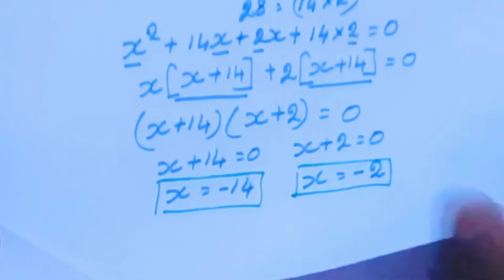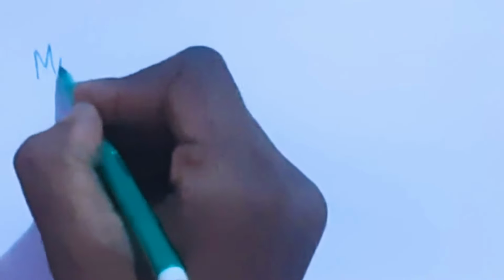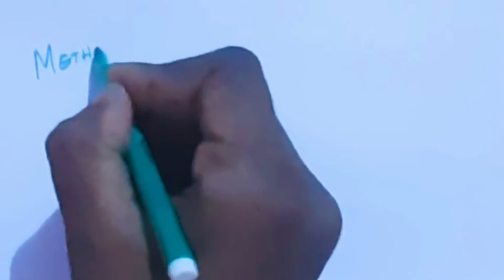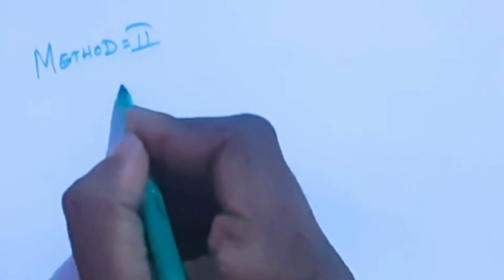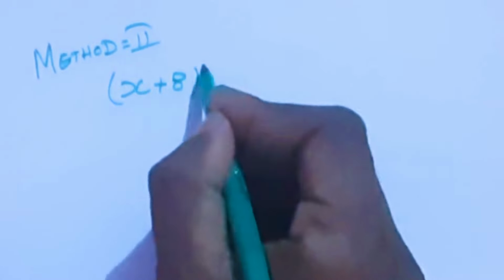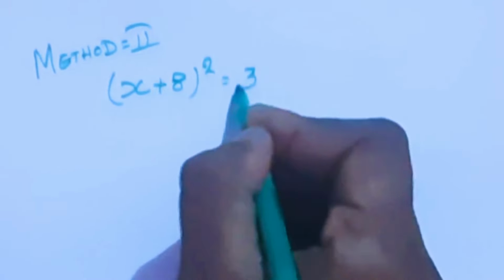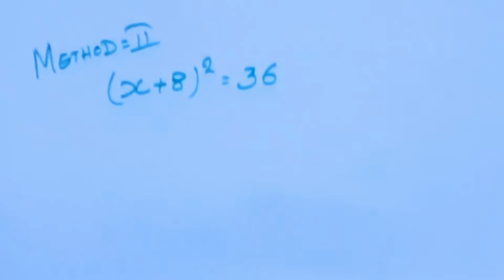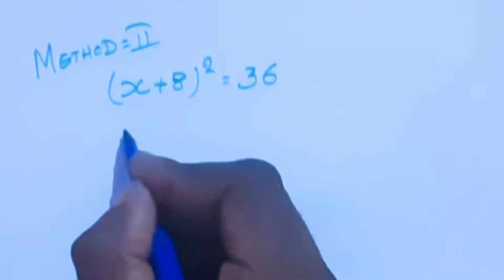Now we are going to solve in the second method. The equation here is (x + 8)^2 = 36. Now we are going to take the square root on both sides.